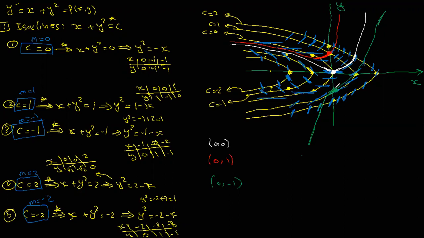The idea here is that I have extra line segments between those two. If I draw other isoclines between them, I have an extra line segment here, so you can't cross it. If you try to draw it like this, it will be crossing this line segment. So I can't do that.